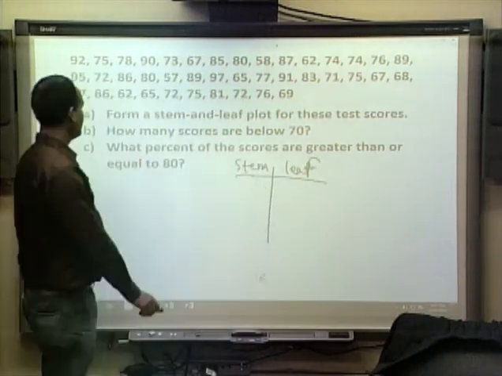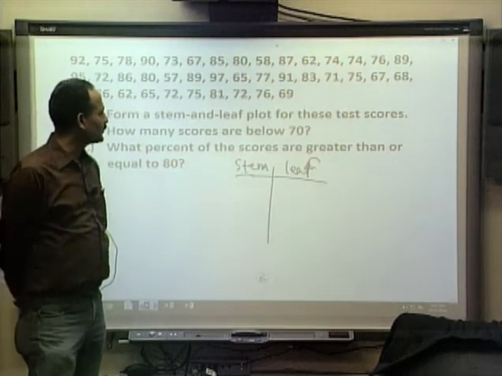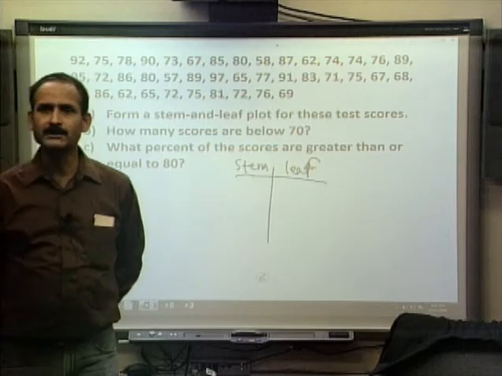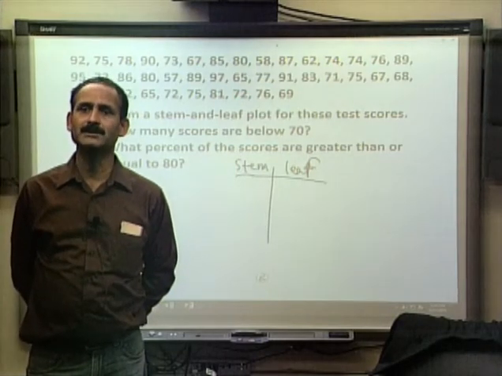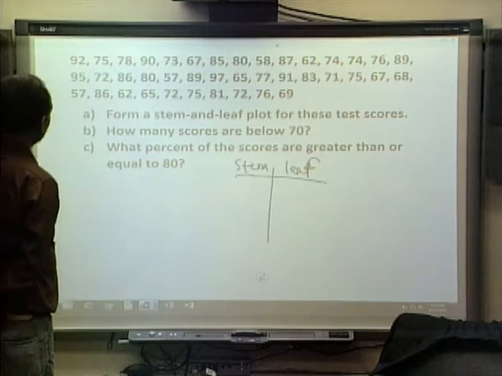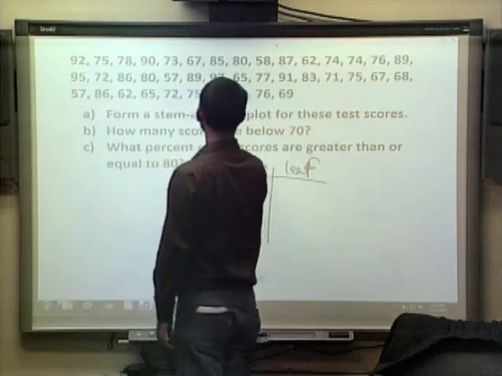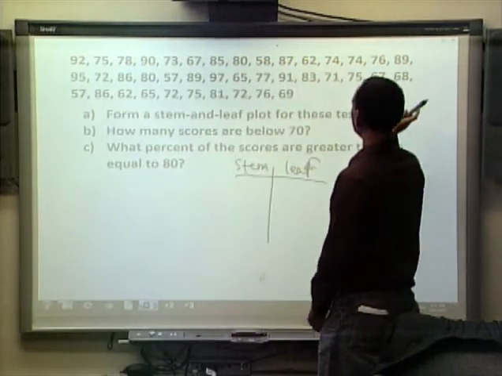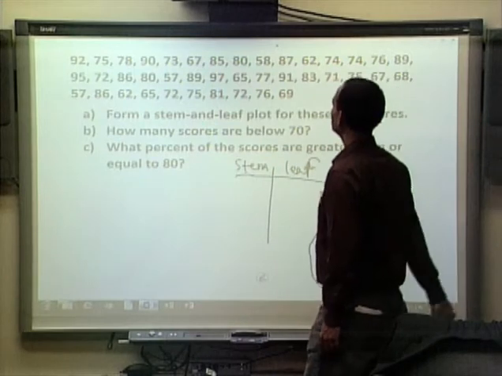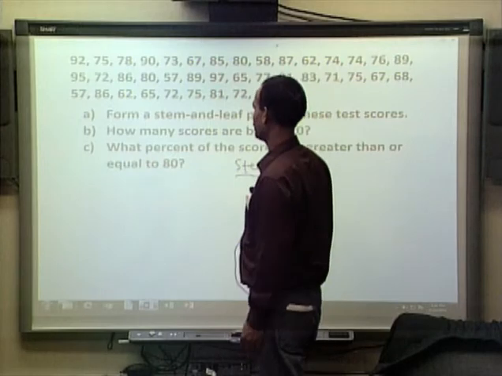All right. In order to do the stem and leaf plot, the first thing we need to do is identify the smallest value in the data. If you look at this data, I see a 58 here, and I do not see anybody scoring in the range of 40. So the smallest looks to be 58.